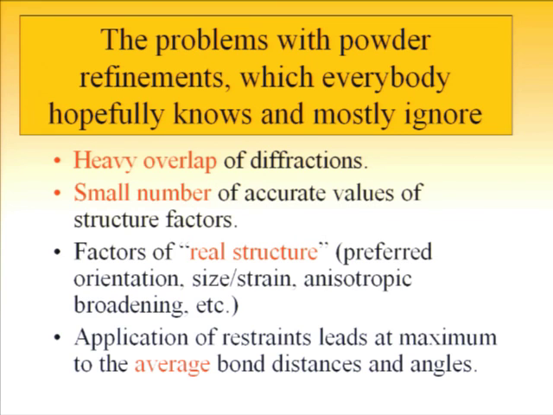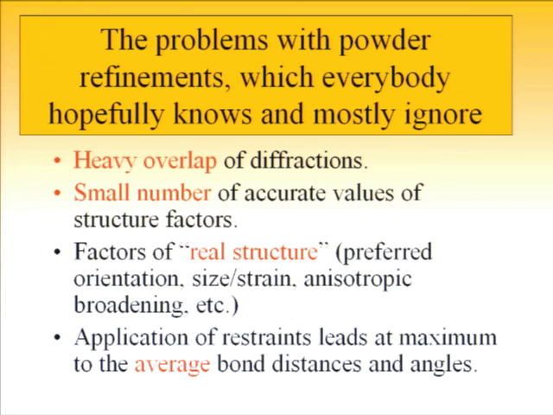So what are the problems the powder community encounters when trying to refine the structure using just the powder data? Here's a short summary. Maybe someone will not like it, but I frequently see that this is the case. Heavy overlap has been mentioned here many, many times. Small number of accurate values of structure factors.